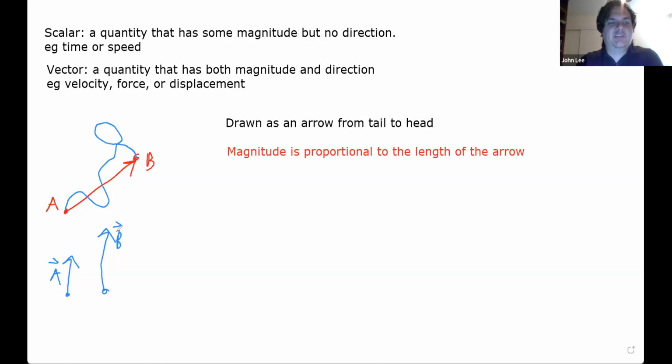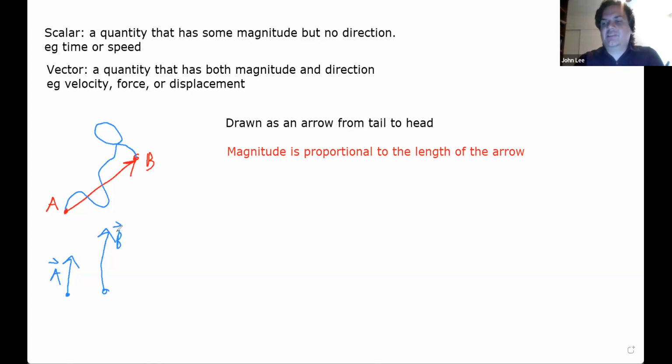Then the longer one is going to have more force acting on the object than the shorter one does, because magnitude is generally proportional to the length of the arrow. And generally it's good practice to write it like that.